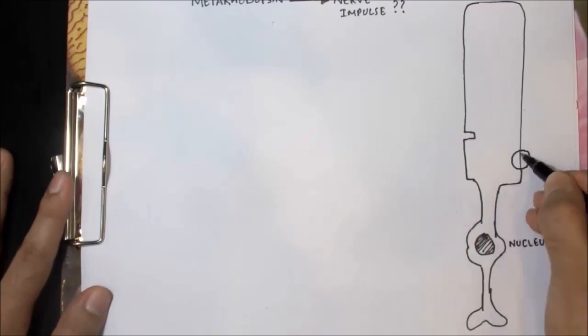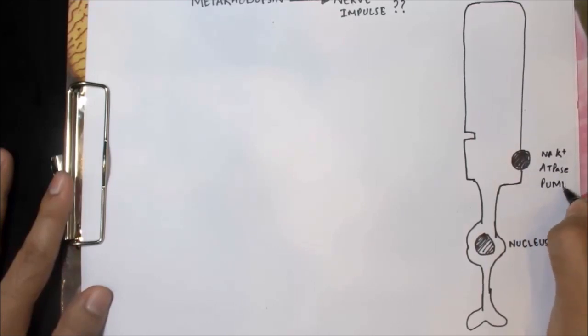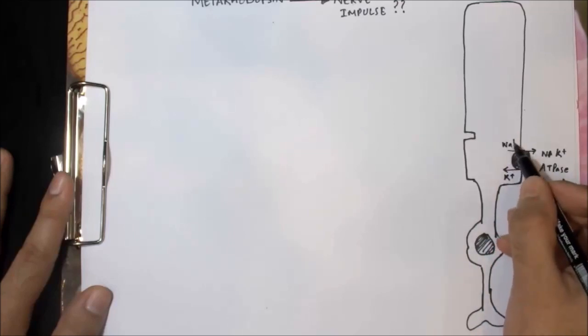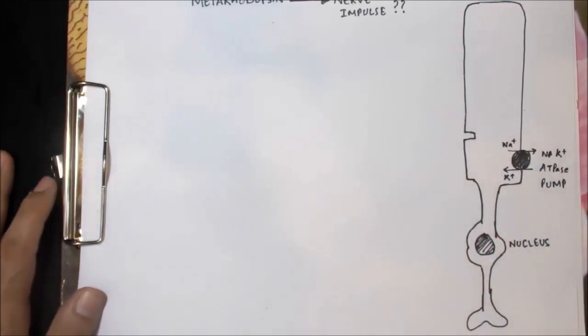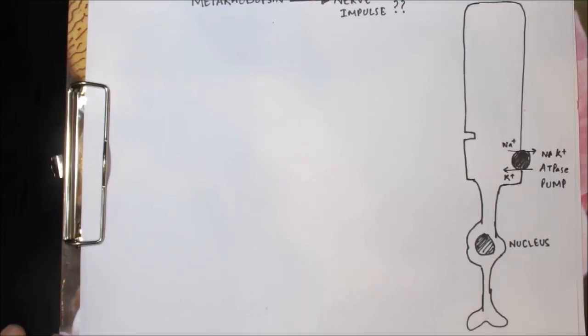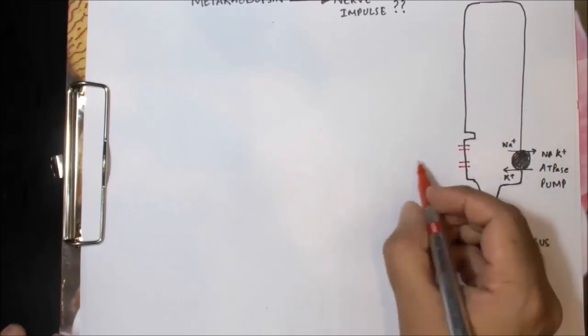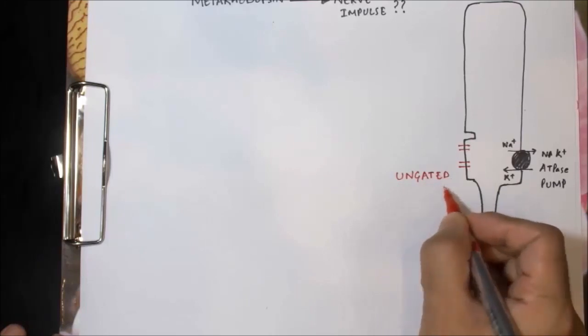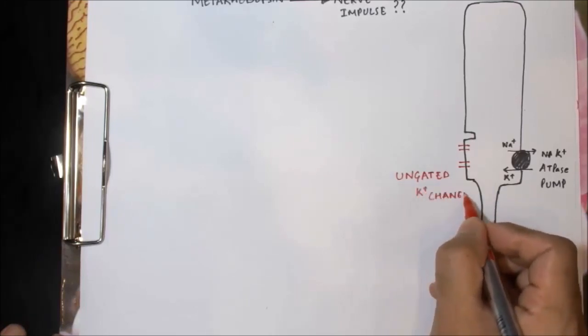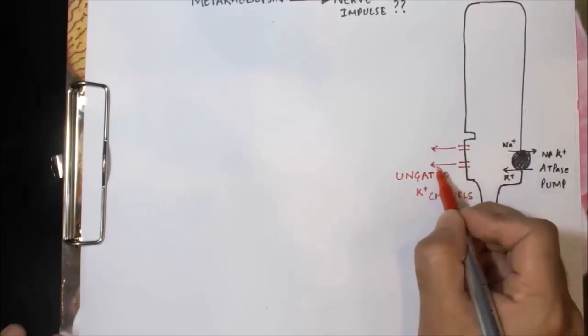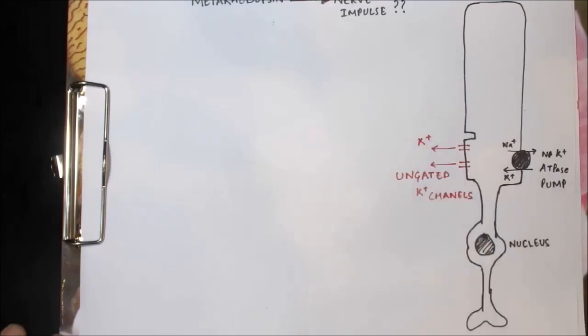In the cell membrane there are various pumps and channels. This is the sodium potassium ATPase pump, which pumps out sodium ions and pumps in potassium ions. There is another channel, the ungated potassium channel, which causes leakage of potassium ions.